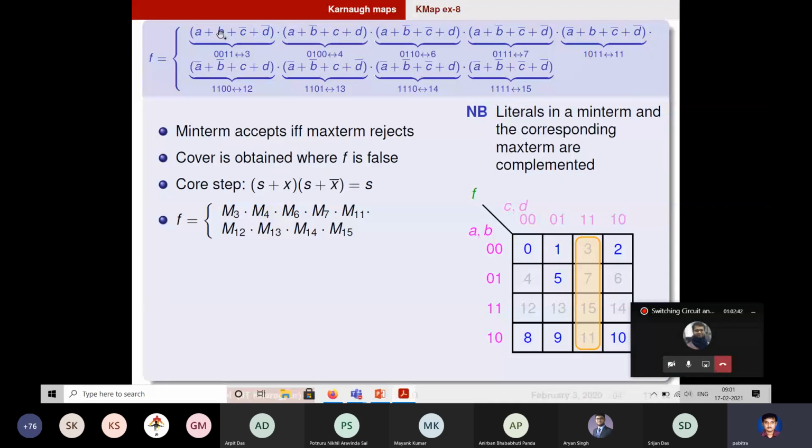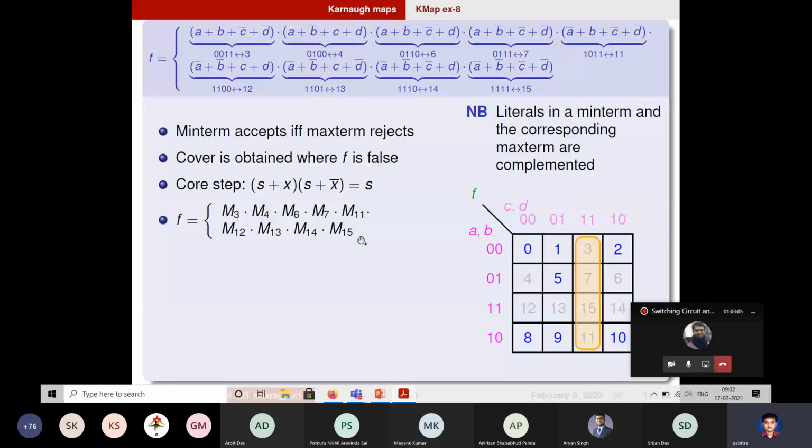So M3 corresponds to (A plus B plus C bar plus D bar), times (A plus B bar plus C plus D), and so on. This way the product I have written. So this is actually the pi notation: pi over capital M of 3, 4, 6, 7, 11, 12, 13, 14, 15, which basically means this expression. Right. So this is the f that I want to minimize.